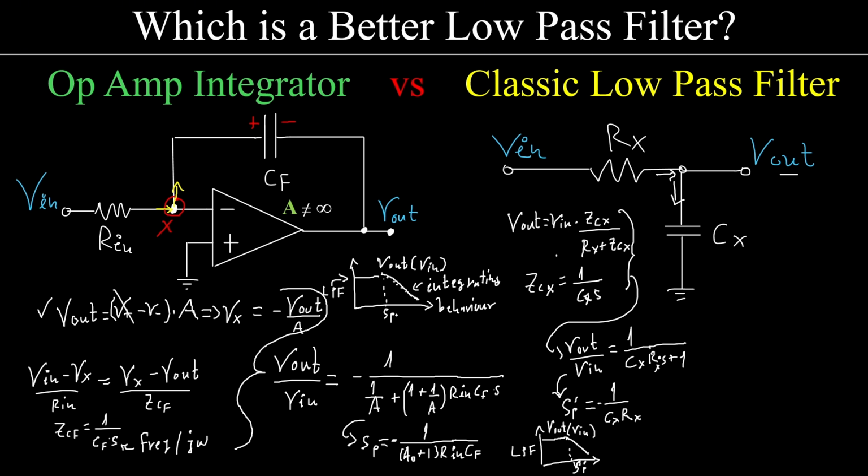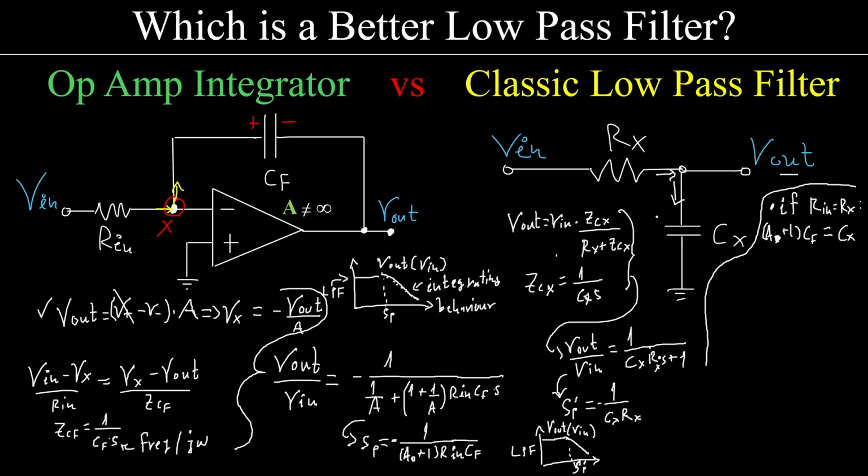Let's go and compare these two poles with each other. What if we used the same resistance for both of these two circuits? Then this capacitor, in order to get large enough to simulate the capacitor here, would need to be multiplied by the gain A or A0, alright, A for this case, plus 1.